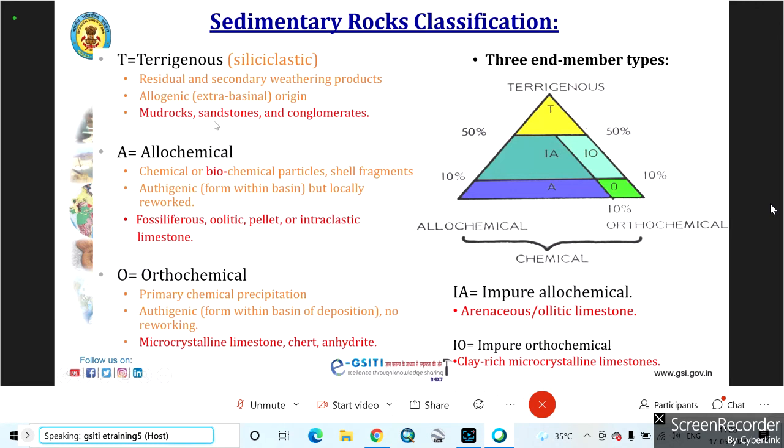Examples of rocks formed by these terrigenous sediments are mud rocks, sandstones, and conglomerates. The second category is the allochemical, that is the product of a combination of chemical or biochemical particles. Means that shale fragments are also included with the chemical precipitates.